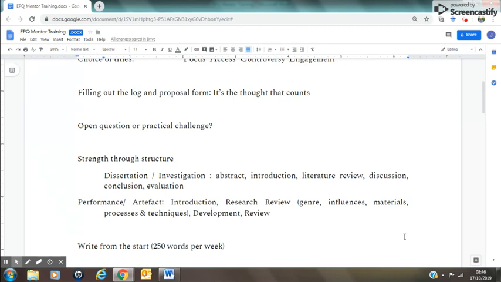And again, we'd expect to see a review for a performance or practical project, and that really should involve ideally feedback from audience or end users or people who've encountered their work in an exhibition, some sense that they've reflected on whether or not their project has achieved its creative intentions in terms of its impact on its end users.